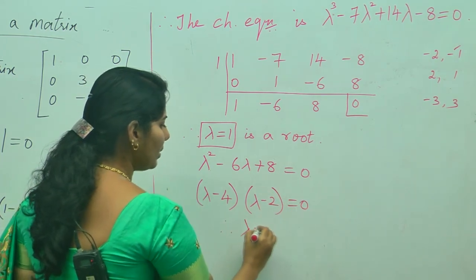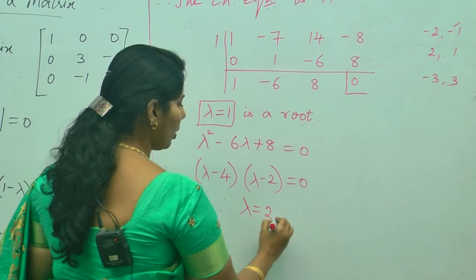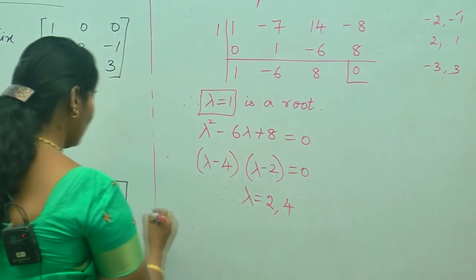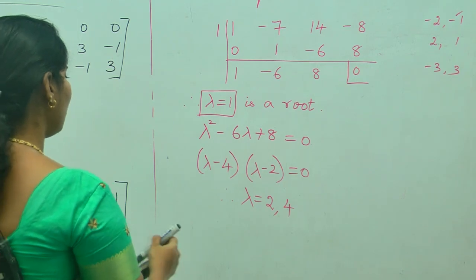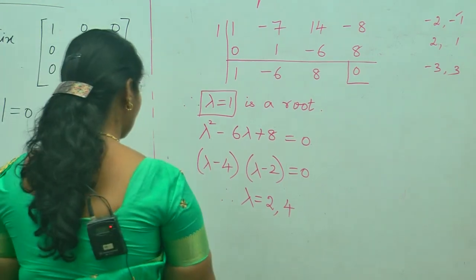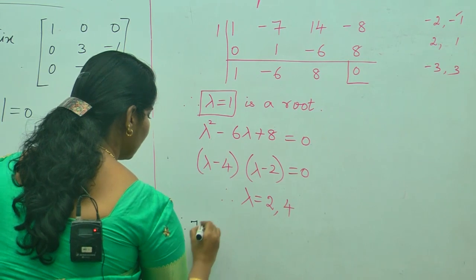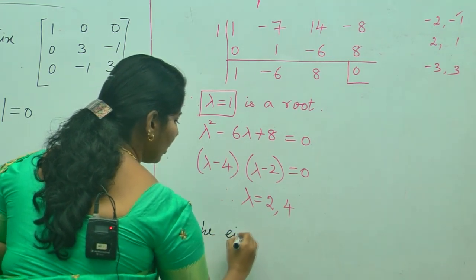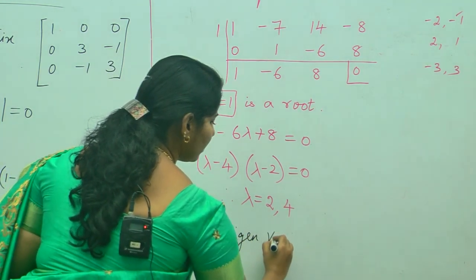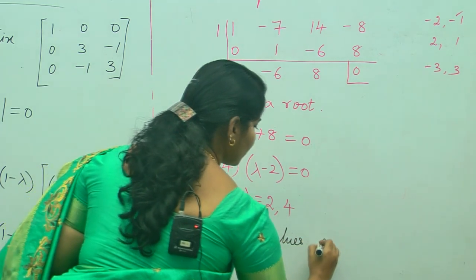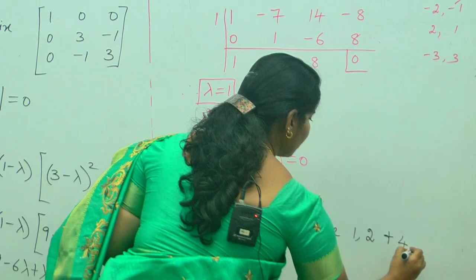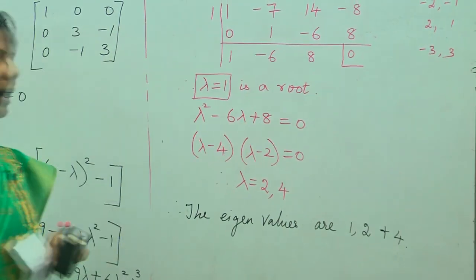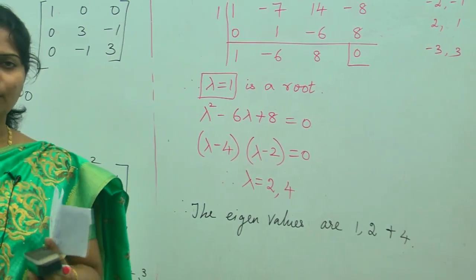Therefore, lambda is equals to 2, 4. Therefore, the eigenvalues are 1, 2 and 4. We have got the eigenvalues. Now, first step is over.